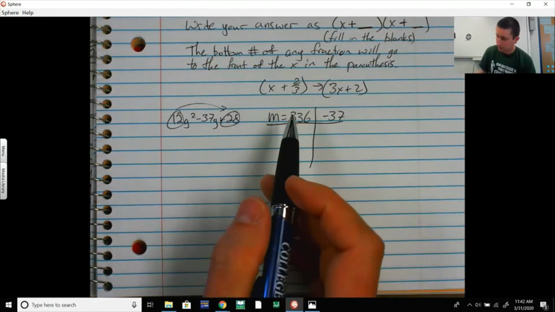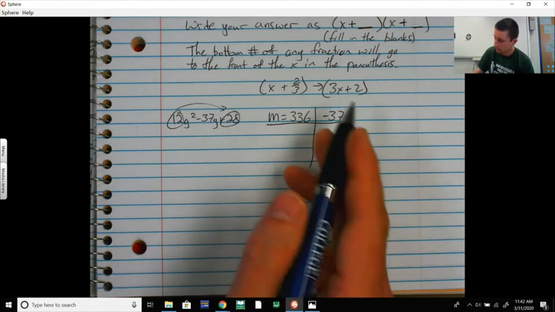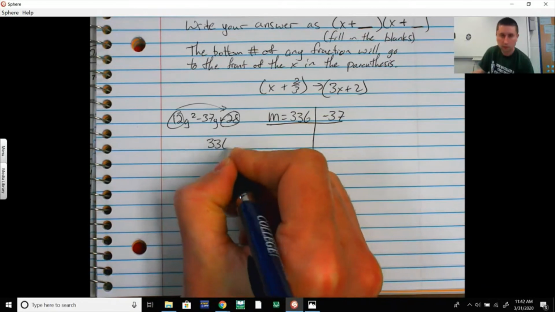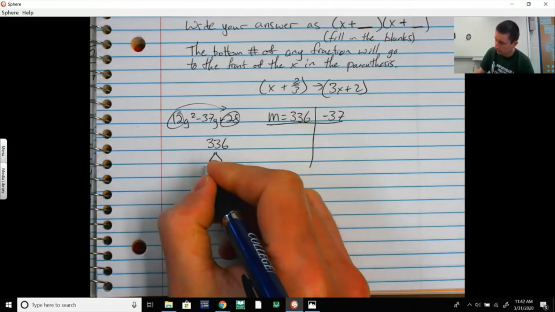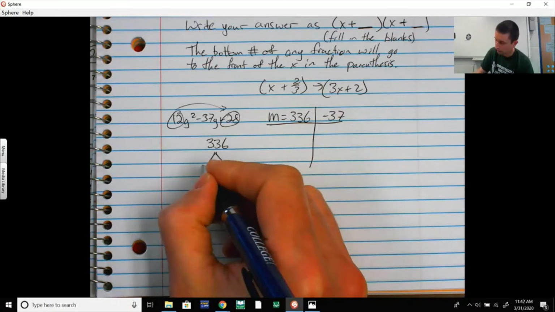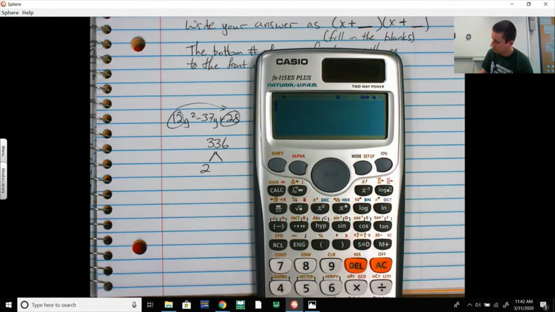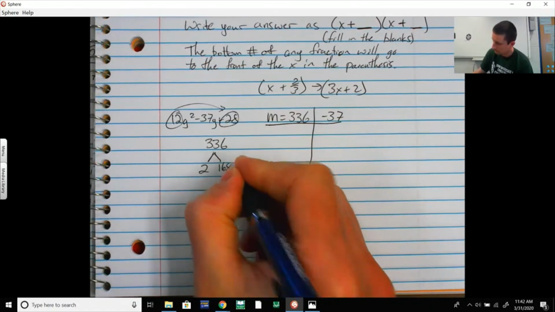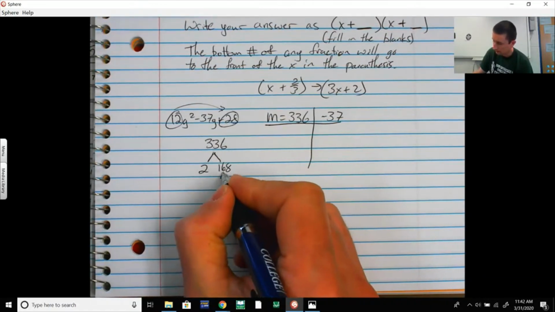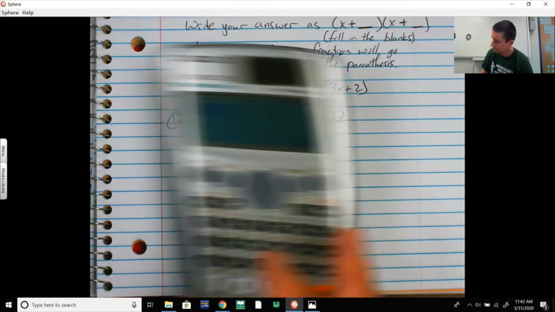So breaking down the multiples of 336. First of all, you can use a factor tree to help you with that. So 336 we know is even, so 2 goes into it. 336 divided by 2 is 168. 168 is even, so we know 2 goes into it.